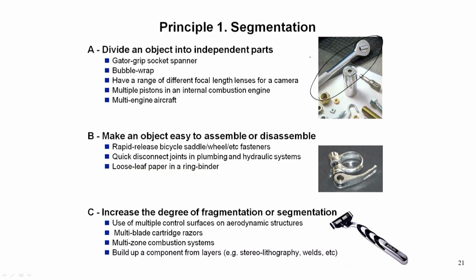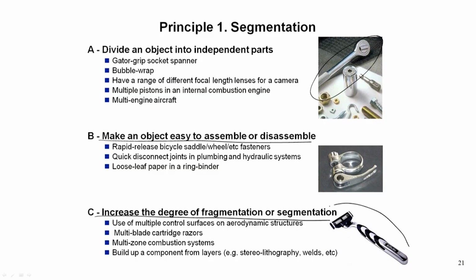The other part of segmentation is to make an object easy to assemble or disassemble, so that you design it in such a way that you can very quickly open it, or you can very quickly join things together. And the third point is to increase the degree of fragmentation or segmentation. That means, if it is already fragmented, you increase the degree.